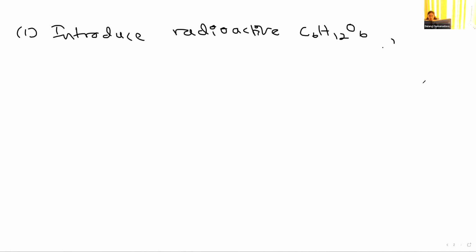So the radioactivity is going to be on the oxygen atom. Right? So the activity is on the oxygen atom. So I'm introducing the radioactive glucose with the oxygen atom being labeled. So write down, oxygen is the one being labeled.